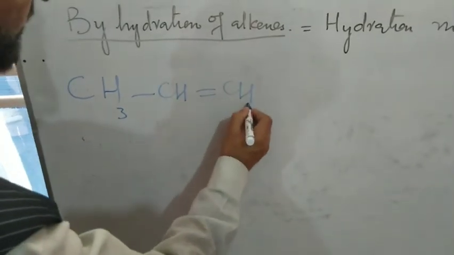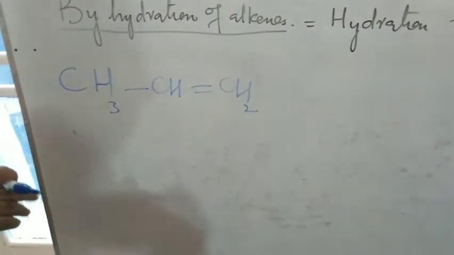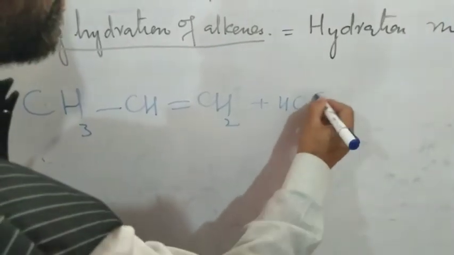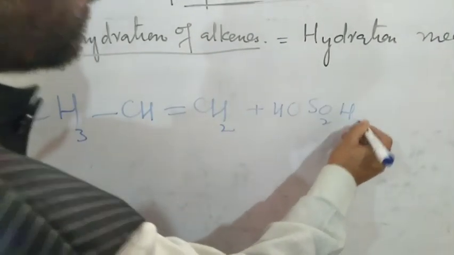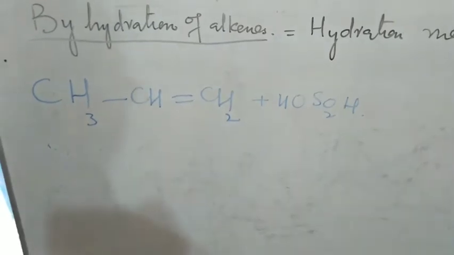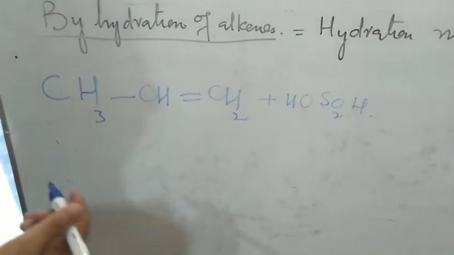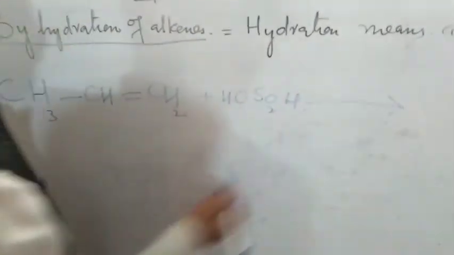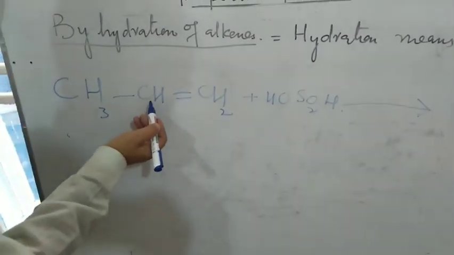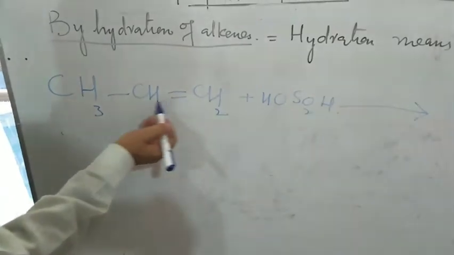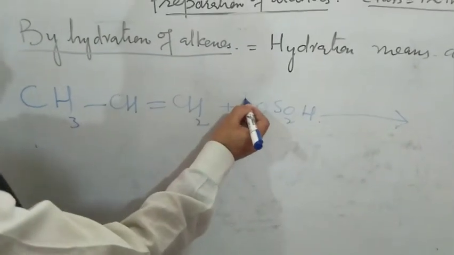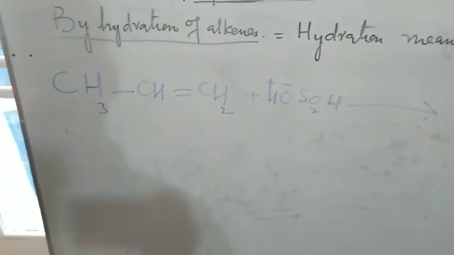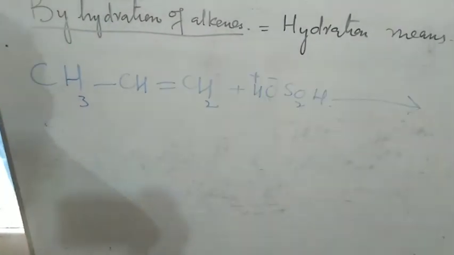This is propene, unsymmetrical alkene, plus, so what will be the formula? We have to follow Markovnikov's rule. That means the negative part of the adding reagent is added to that carbon which has lesser number of hydrogen atoms. So यहाँ पर दो हाइड्रोजन है, यहाँ पर एक ही. This is positive part, this is negative part. So we have to add this.